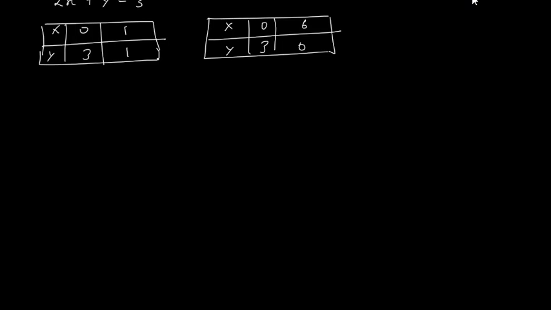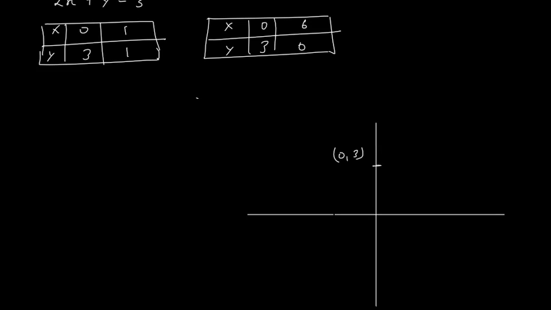For that, let us first draw the x-axis and y-axis. Now this is our x-axis, y-axis. On this, 0, 3: along x is 0, along y 3. So suppose here we have that point 0, 3. The next point is 1, 1.